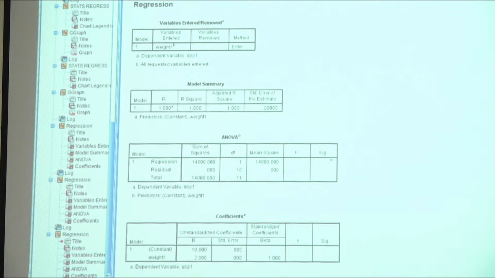You remember, if you leave out the constant, 40 is the weight, 90 is the systolic blood pressure. So if you leave out the constant, which is 10, then the question is, for a 1 kg increase in weight, how much is the systolic blood pressure changing? 2, right? So a 1 kg increase in weight leads to a 2 millimeter increase in systolic blood pressure.